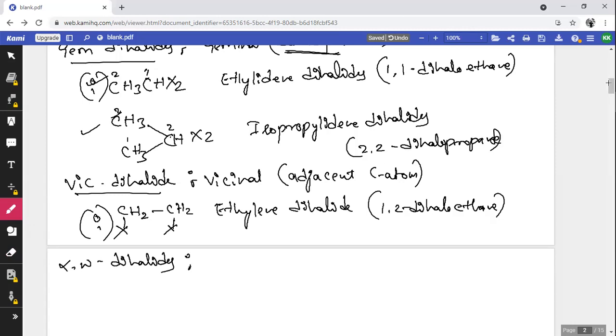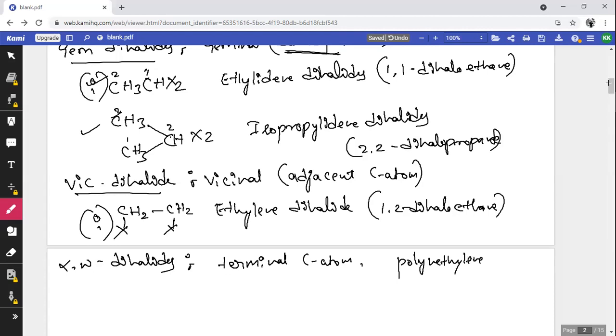Here the halogen atoms are attached to the terminal carbon atoms. Halogen atoms are present on terminal carbon atoms, and they are separated by 3 or more carbon atoms, and they are also known as polymethylene halides.